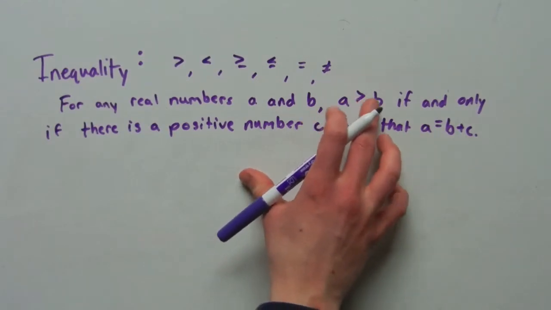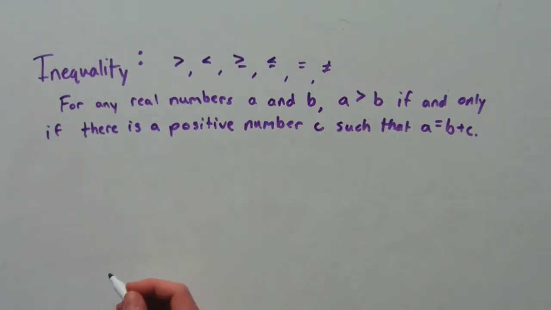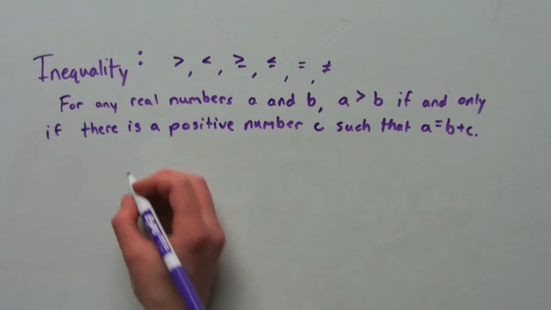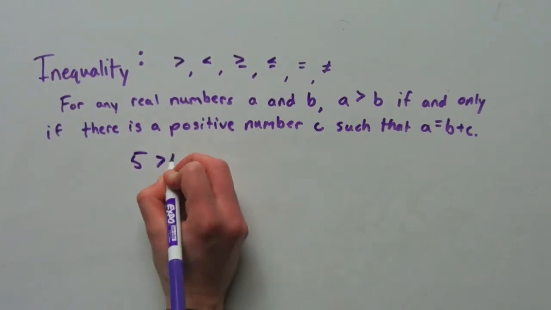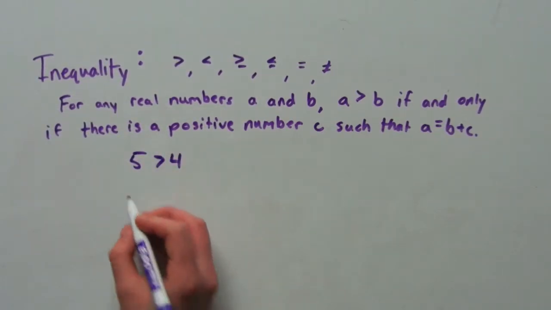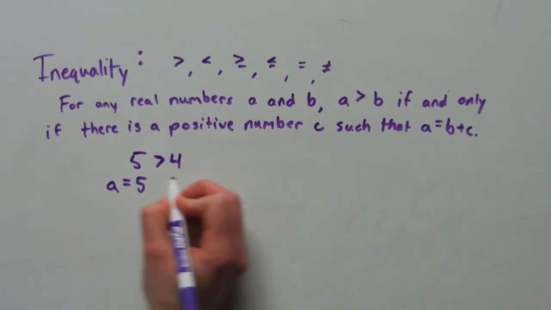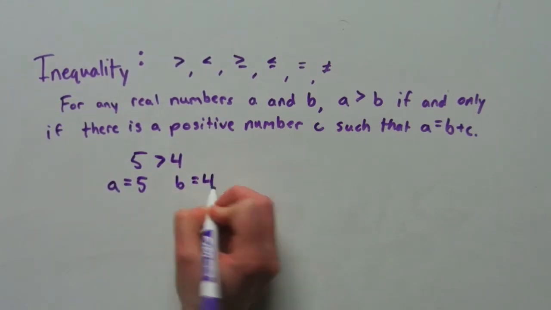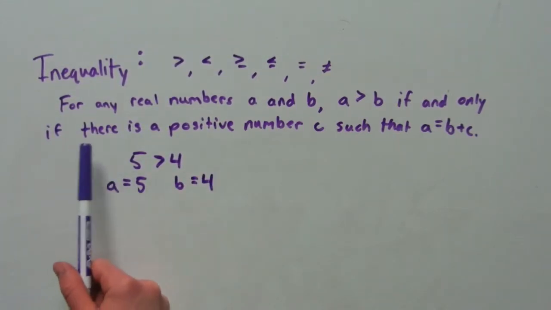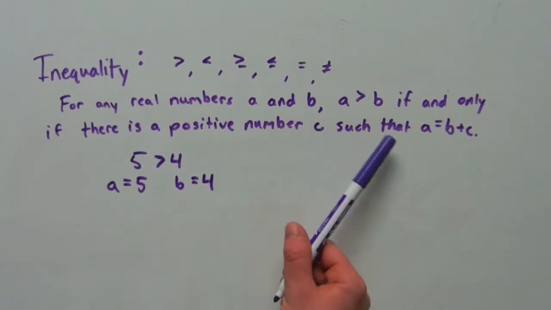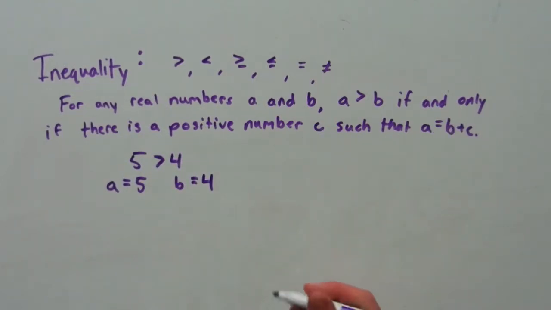So we're saying that a is greater than b first. That's what we know. And we know that 5 is greater than 4. So let's say that a is equal to 5 and b is equal to 4. Then there is a positive number c such that a equals b plus c.